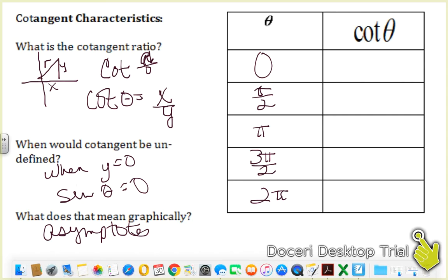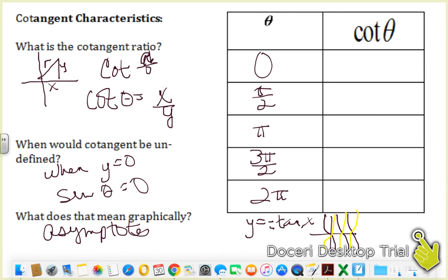Cotangent is going to look very similar to tangent, only it is not going to go through the origin. I talked about in class, if you have a negative in front of tangent, it looks very similar to cotangent in that it goes the other way from the graph we graphed. Positive tangent, in yellow, would be going this way, through the origin.